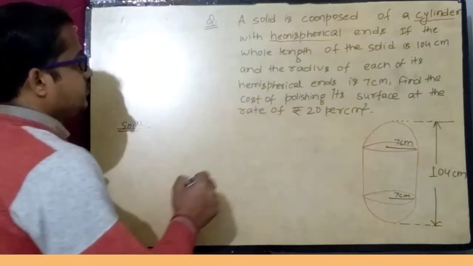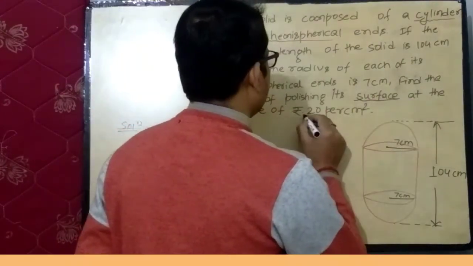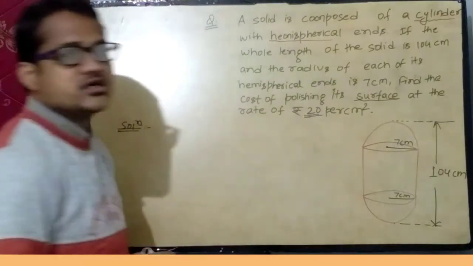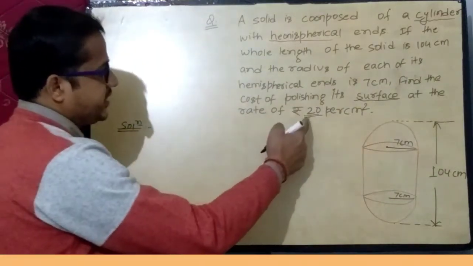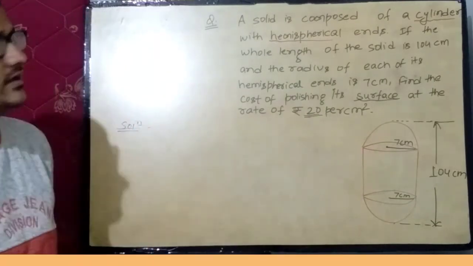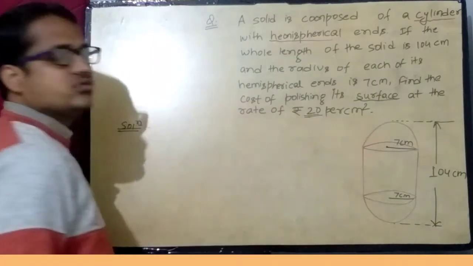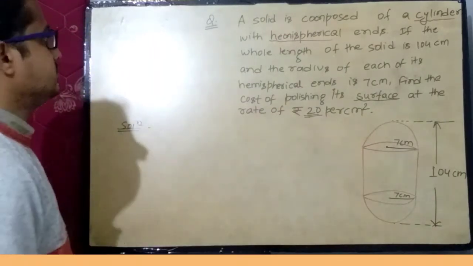Now you have to calculate the cost of polishing its surface at the rate of 20 per centimeter square. If the rate of painting of 1 centimeter square of area is 20 rupees, then you have to calculate what cost you have to pay for the painting of this object.